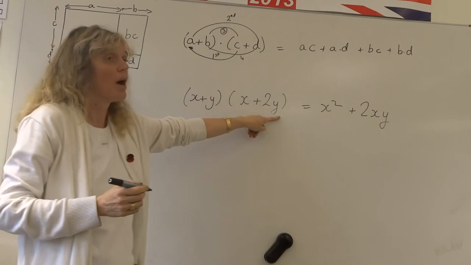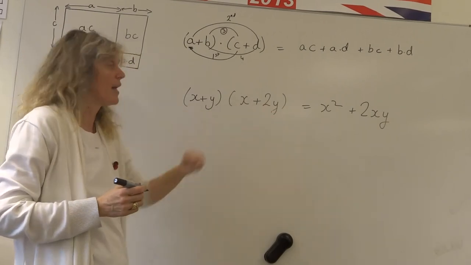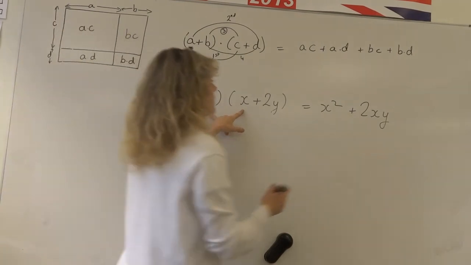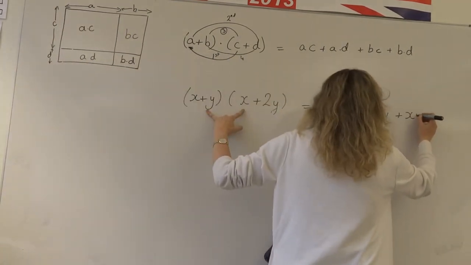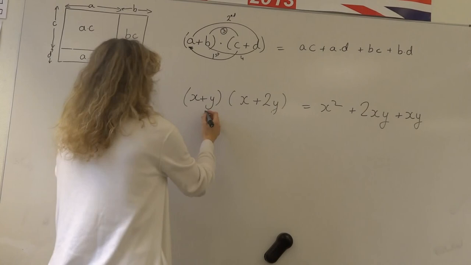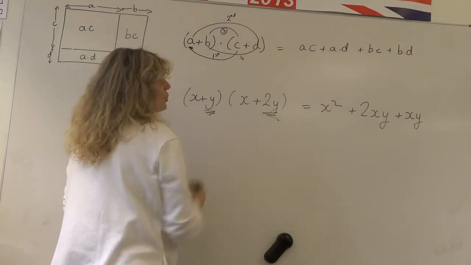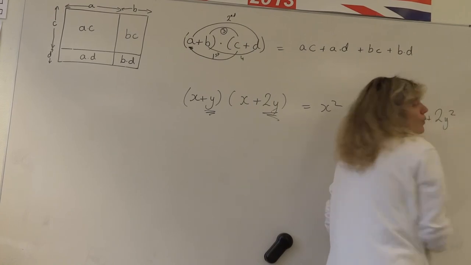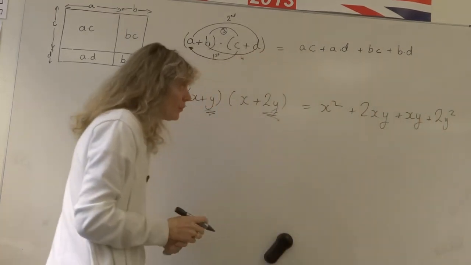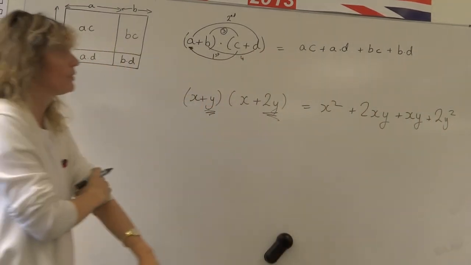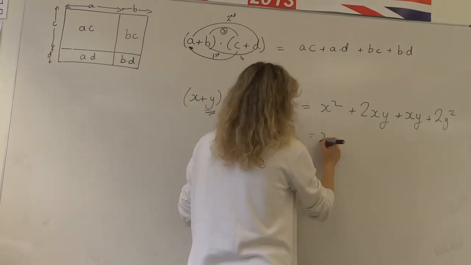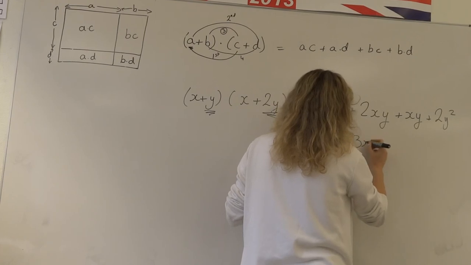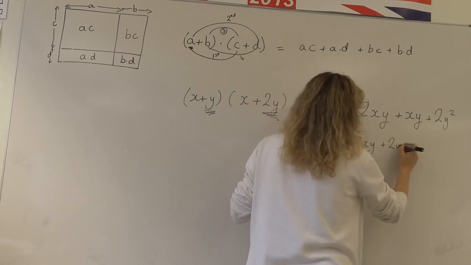X here and a y there, giving us xy together. Inside 2, plus y times x, giving us xy. And our last two, plus y times 2y, giving us plus 2y squared. Now we just tidy it all up, where we have x squared plus 3xy plus 2y squared.